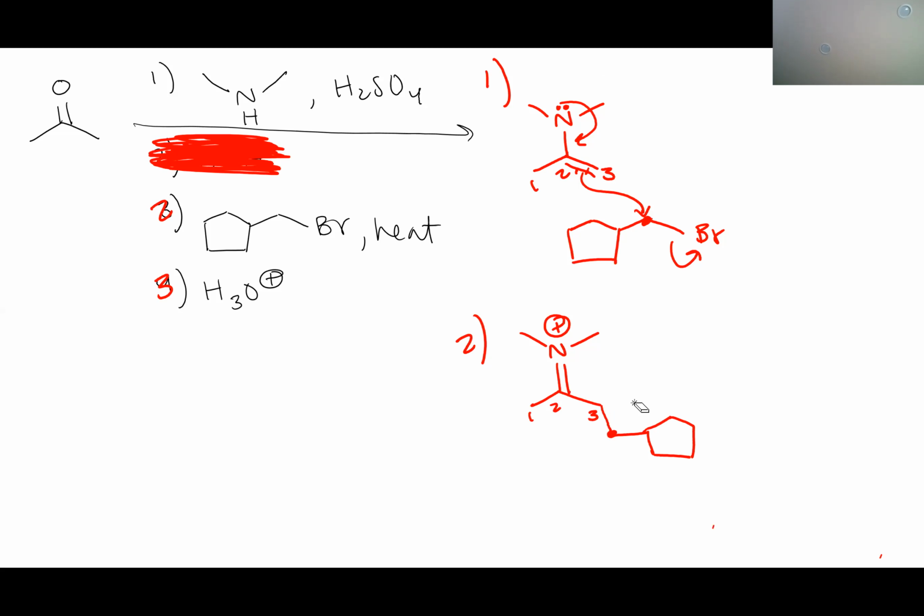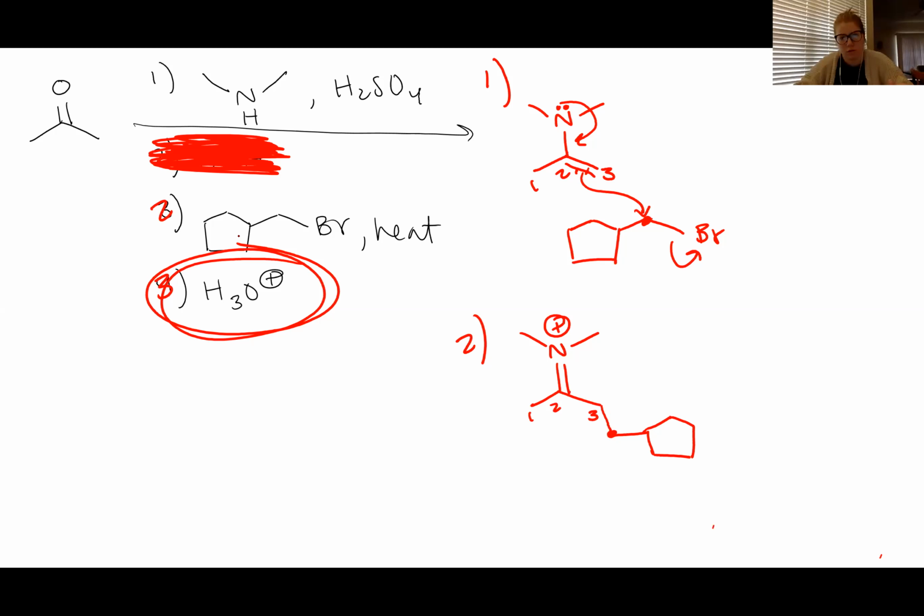And then what happens in step 3 when you take an imine, an enamine, or an iminium ion and you put it in H3O+, what happens to it? Do you deprotonate? Replaces with carbon. What functional group do we end up with?